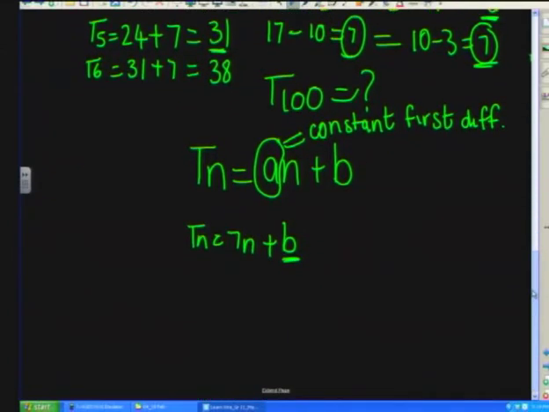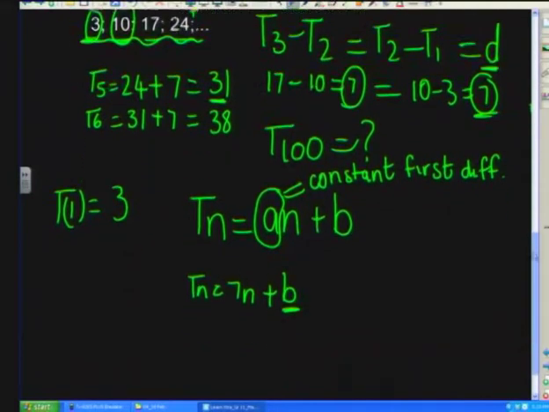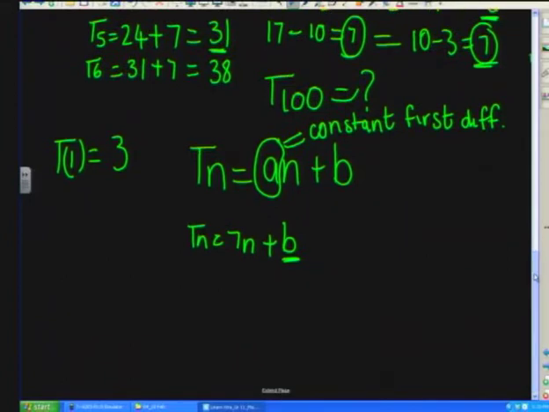Now, if you want to work out b, you need to use substitution that you learned in grade 9. Use any term in the sequence and use the value of that term to work out b. So, for example, and you can really use any term, I'm going to use term 1. Remember, term 1 here was 3. So in order to find b, I need to use substitution and say term 1, so replace n with 1, is equal to 3.